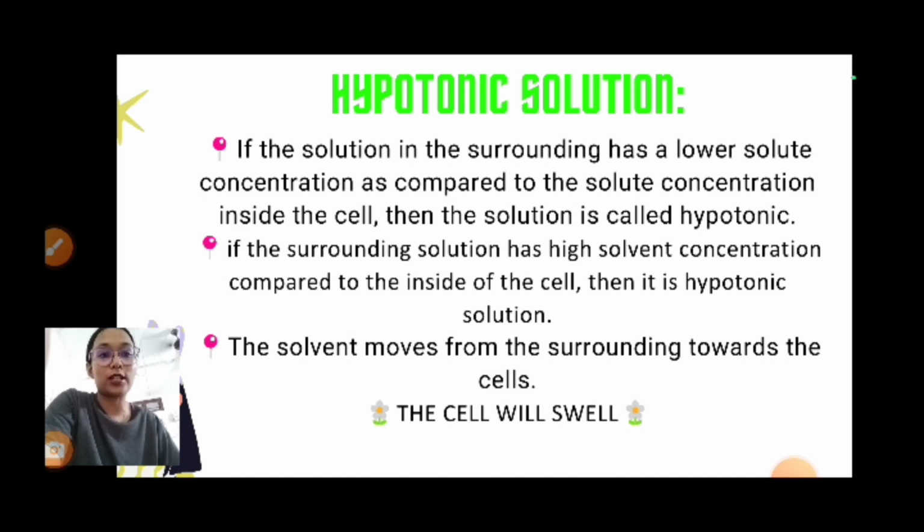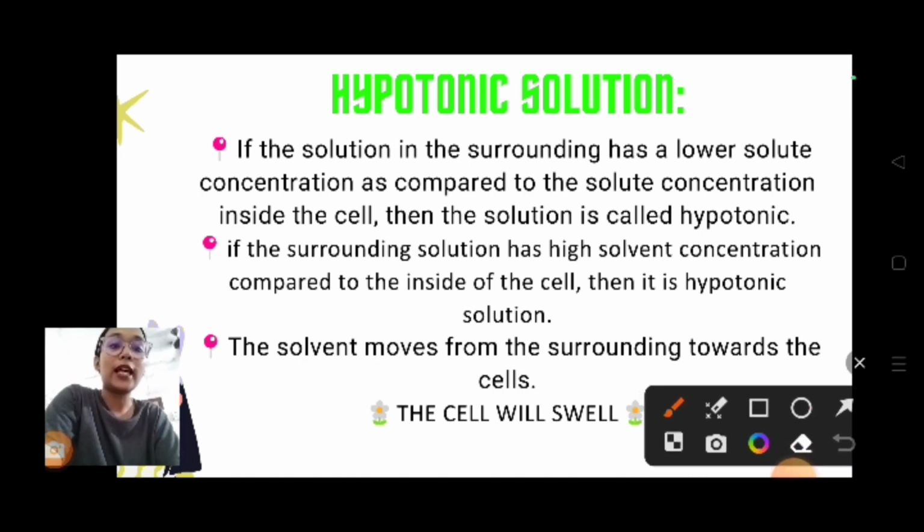So let's look at the theory part of hypotonic solution. Here it is mentioned clearly that if the solution in the surrounding has a low solute concentration as compared to the solute concentration inside the cell, then the solution is called hypotonic solution. Or you can say if the surrounding solution has high solvent concentration as compared to the inside of the cell, then it is also called hypotonic solution.